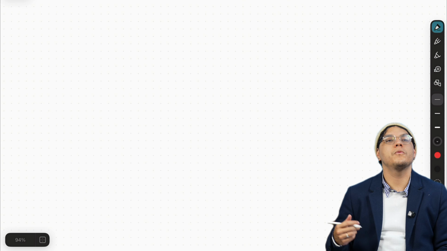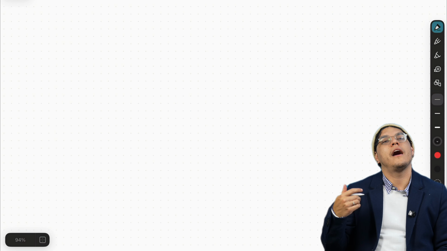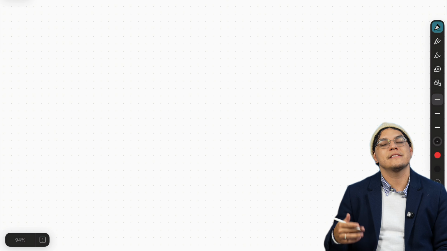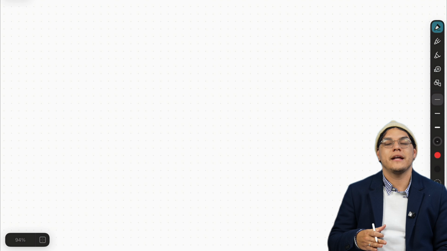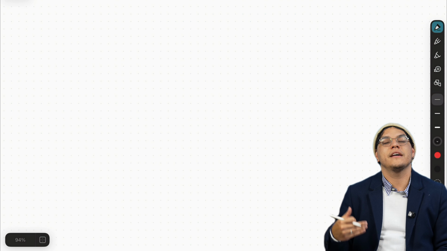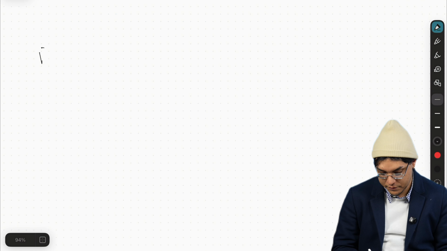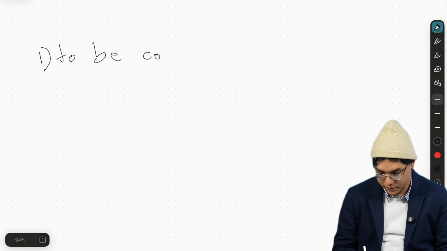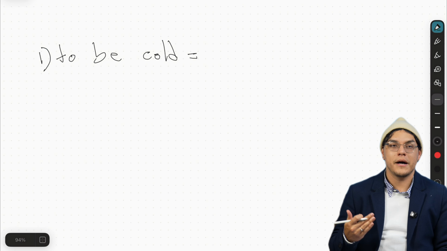Okay, guys, so now we are going to practice. What we're going to be doing is I'm going to type the sentence and I want you to try to memorize what the sentence means, okay? And also, I want you to make a sentence in Spanish in the comments with this phrase, okay? What does to be cold mean in Spanish?